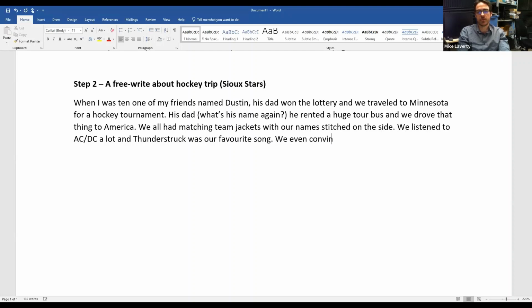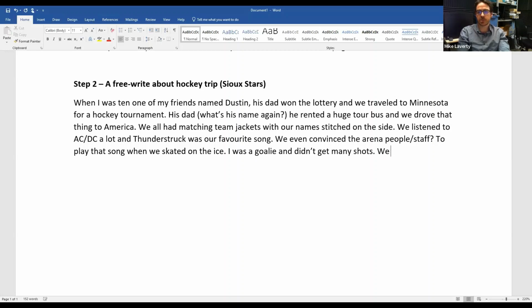We even convinced the arena staff to play that song when we skated on the ice. I was a goalie and didn't get many shots. We won every game by at least 9 or 10 goals.